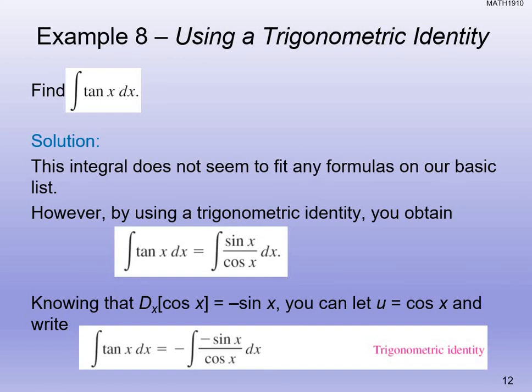We're multiplying by 1 in the form of negative 1 over negative 1, because when we take the derivative of cosine, we get minus the sine, and we need our du dx to cancel out when we do our integration.